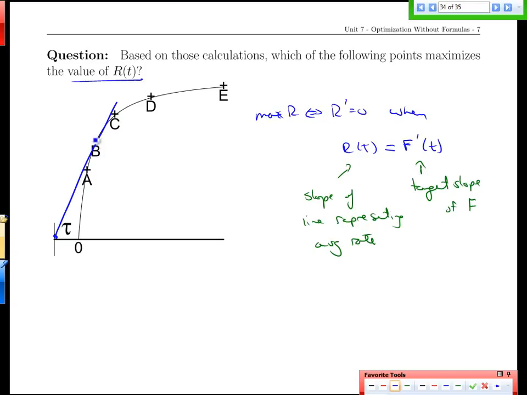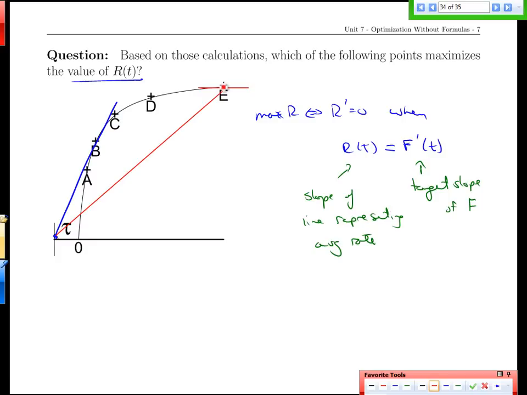The maximum r happens here, and it's also when this average line is just tangent to the curve, or when the slope of the line representing the average rate has the same slope as the tangent line. For comparison, let's do an extreme example here with E. There we go.